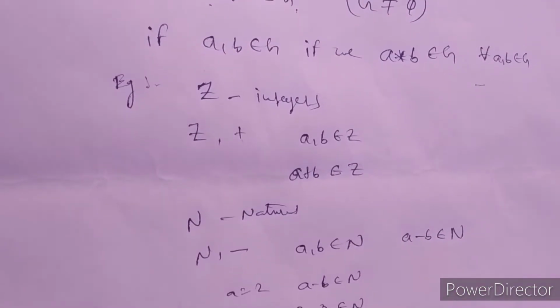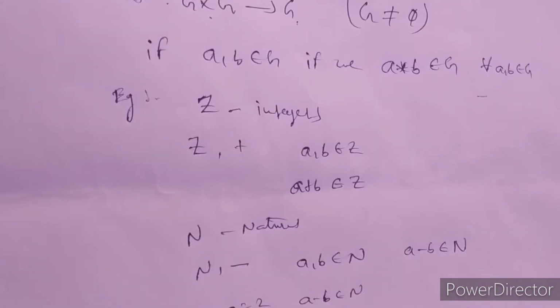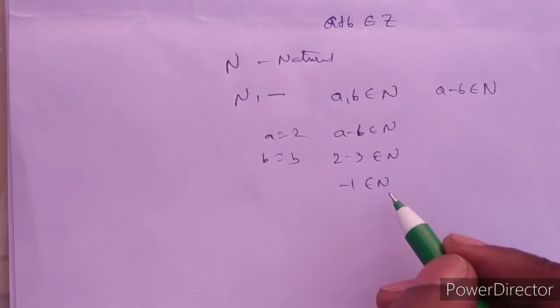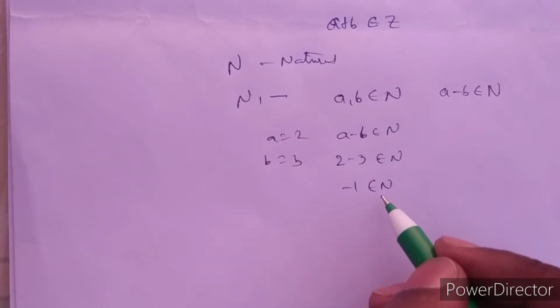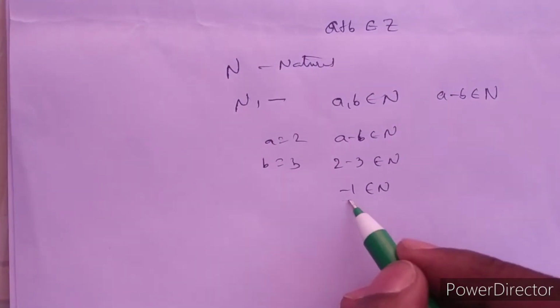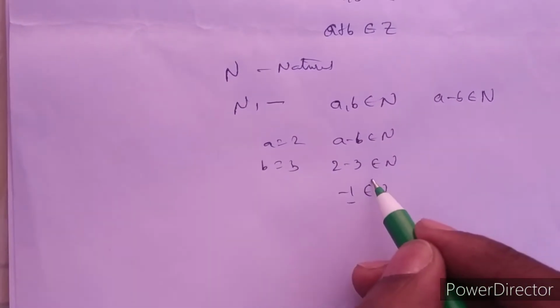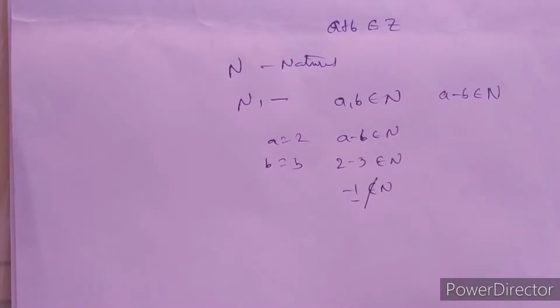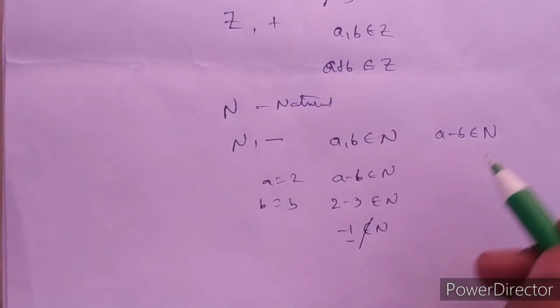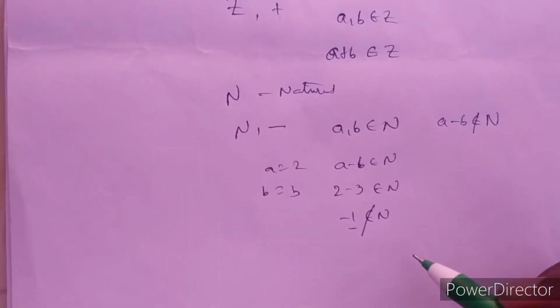N is the natural numbers, starting from 1, 2, 3, but here we got minus 1, so this does not belong to N. That means the operation of minus does not belong to N.